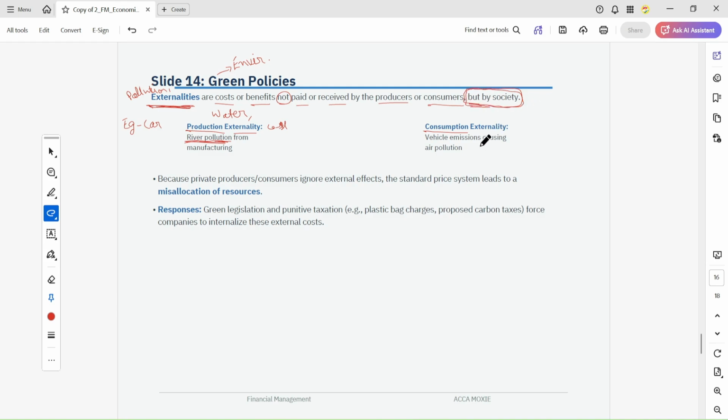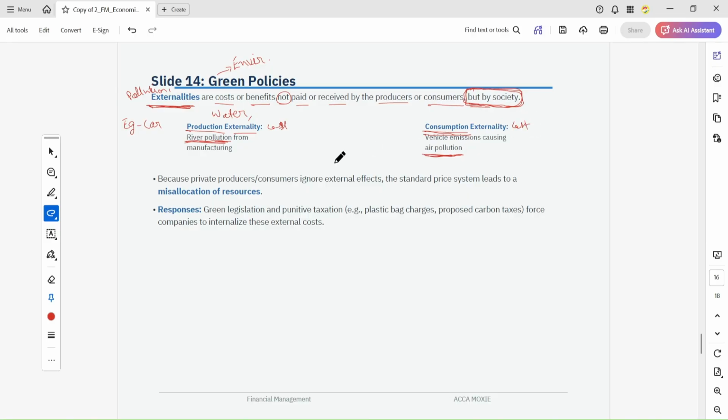When you drive the car, you emit pollution, and you don't emit it at your home, you emit it on the road, and that pollution is borne by the society. So that is the consumption external cost.